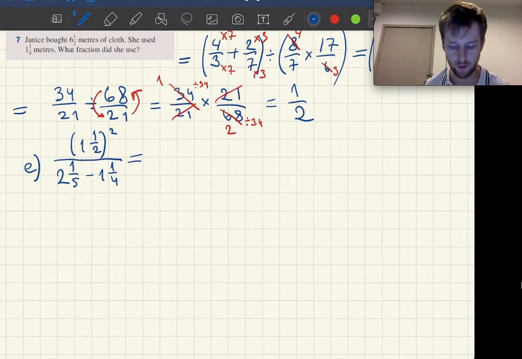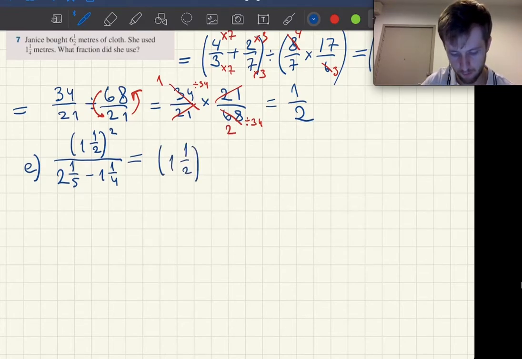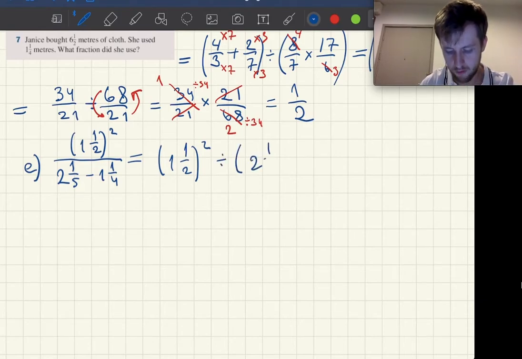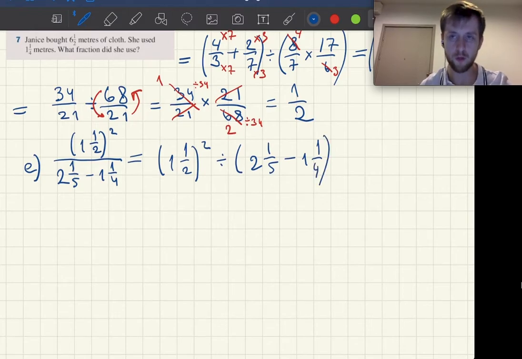Okay, so first, let's write it properly first. That is important. 1 and 1/2 to the power of 2 divided by, and then we have in the brackets 2 and 1 over 5 minus 1 and 1 over 4. Okay, so of course, what we do first is we convert them to improper fractions.